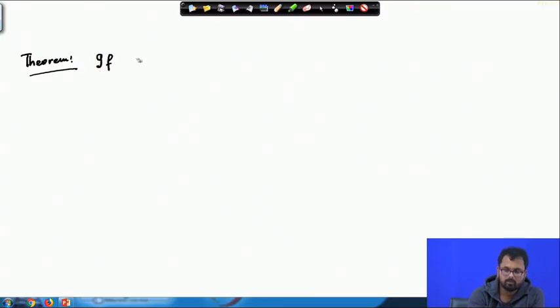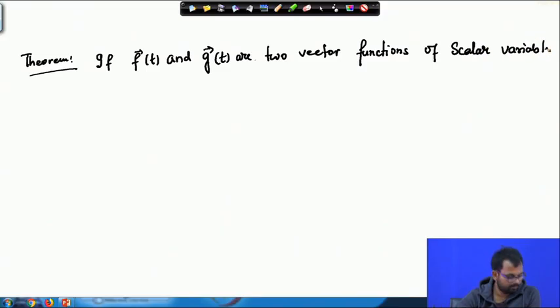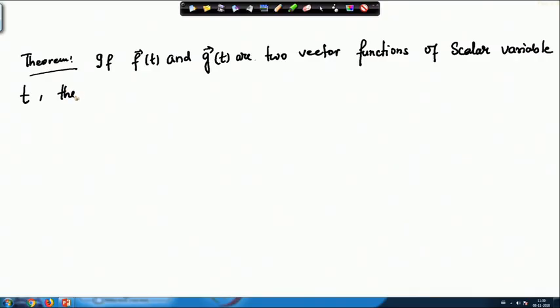If f(t) and g(t) are two vector functions of a scalar variable, say t, then the following holds.